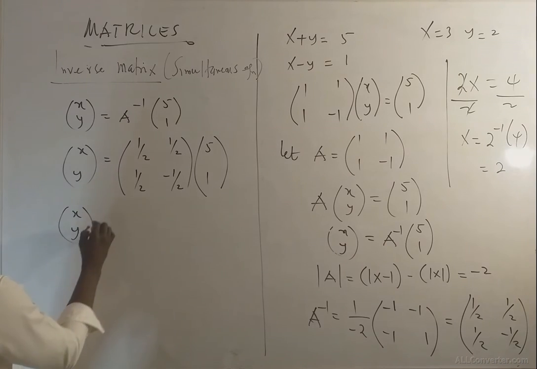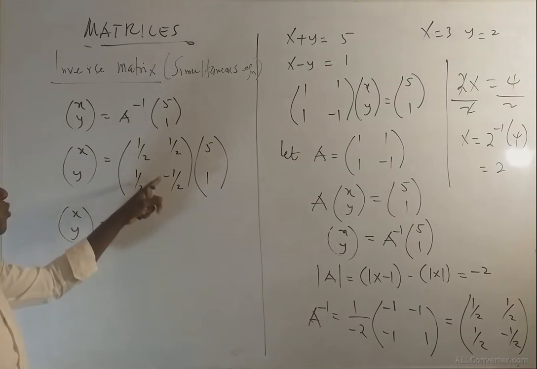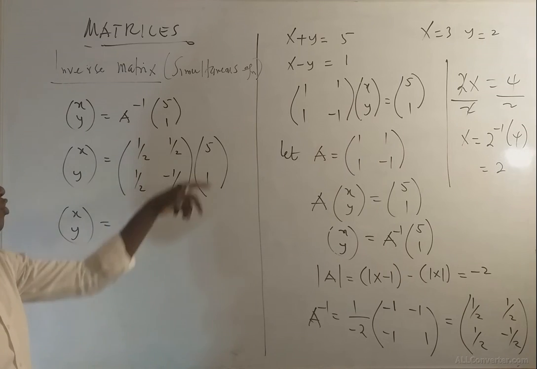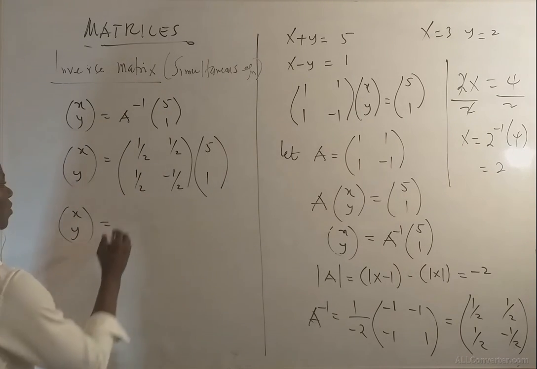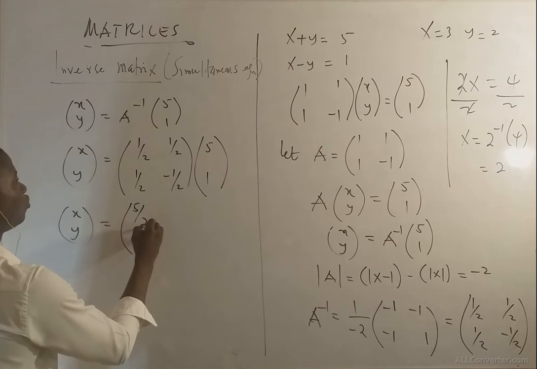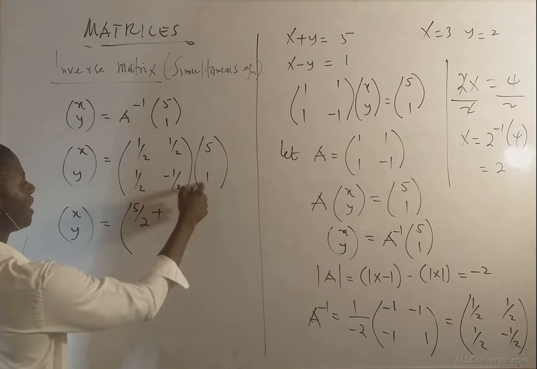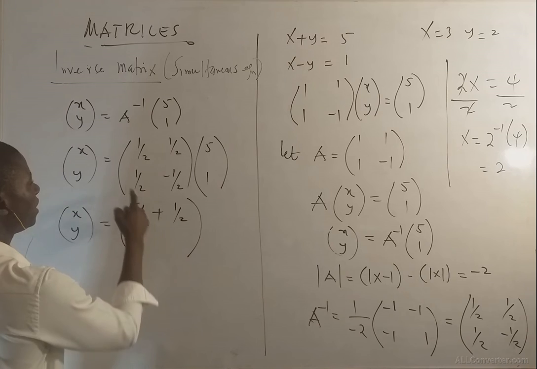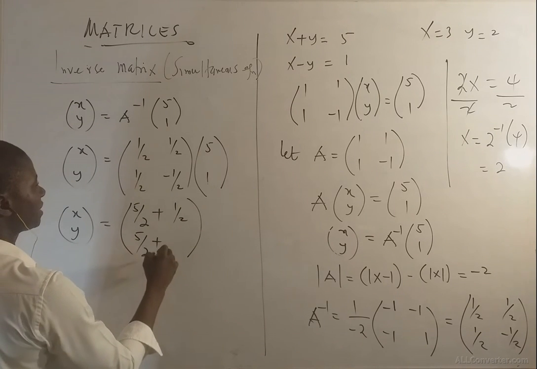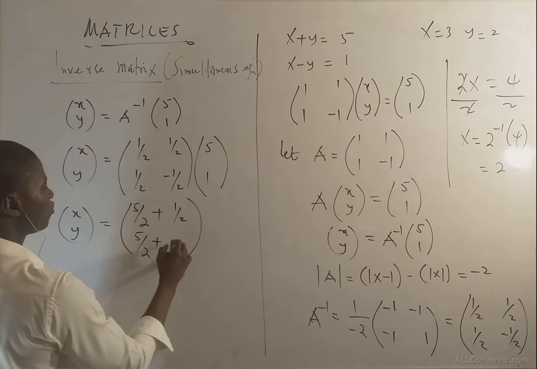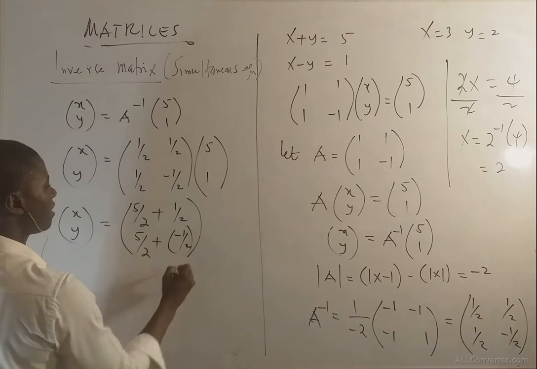So (x, y) will be equal to, now this is a 2 by 2 matrix being multiplied by the column matrix. So it's half times 5, and that will give us 5 on 2, then plus half times 1 will give us half. Then half times 5 will give us 5 on 2, then plus minus half times 1, and that will give us minus half.